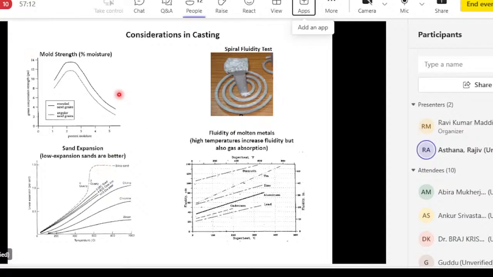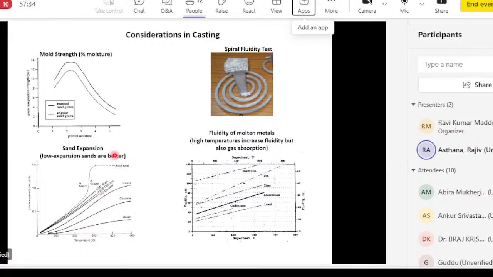So again, coming back to this here, the moisture content, the kind of sand, the shape and size of the grains of sand, all those things affect the strength of mold. The thermal properties of sands are also important. And at the bottom here, you're looking at a graph of thermal expansion of sands as a function of temperature.